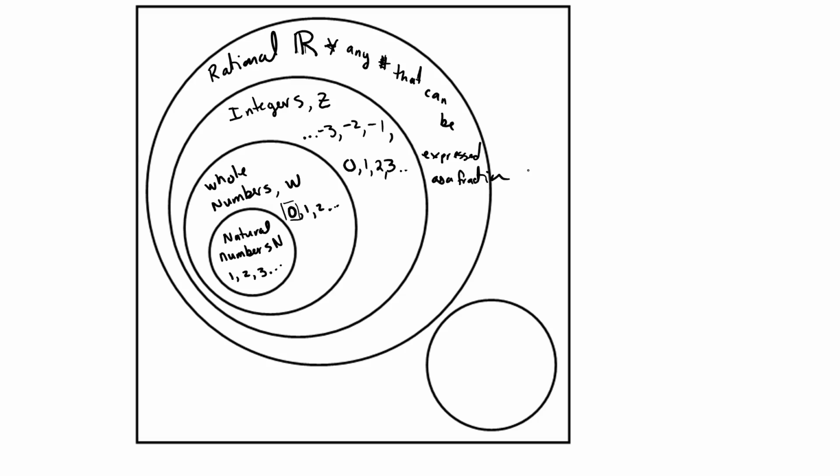So that's any repeating decimals, so 0.3333 or 0.3 repeating, 4/9, -7/2, -1.5, anything that can be expressed as a fraction.